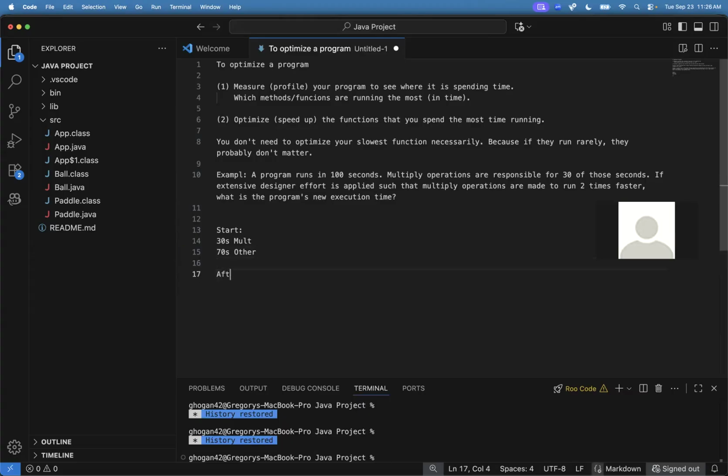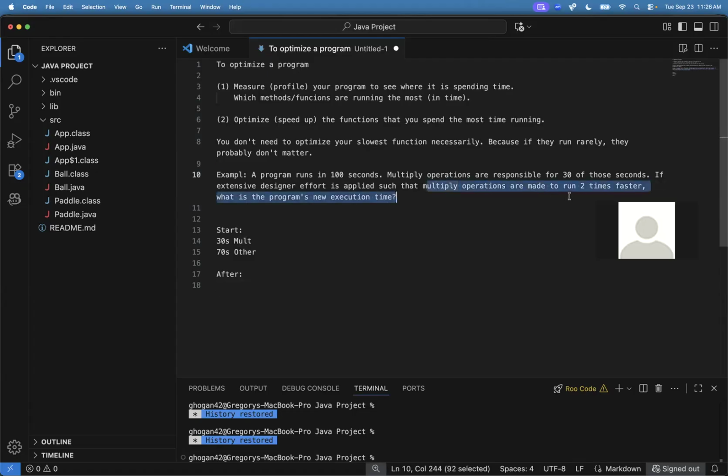And then they said that if extensive designer effort is applied such that the multiply operations are made to run 2 times faster, what is the program's new execution time?